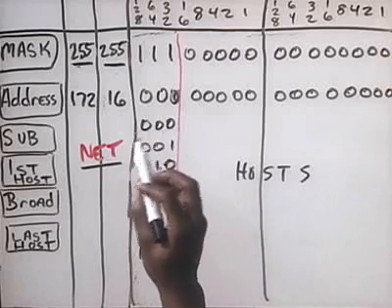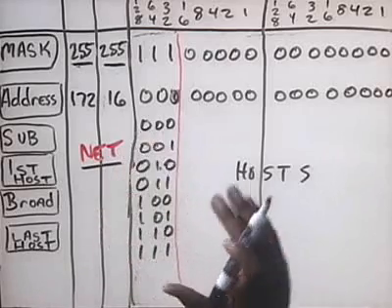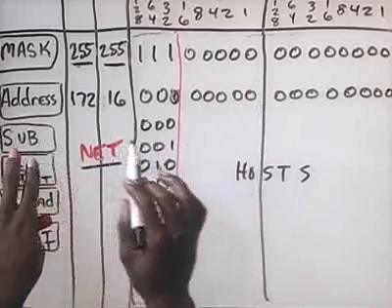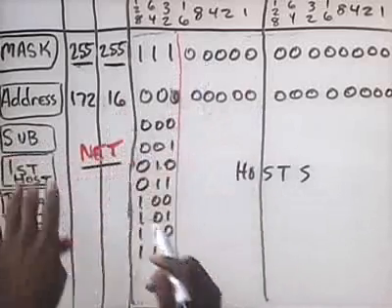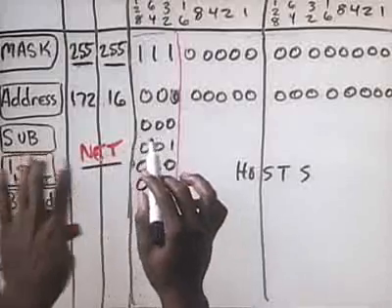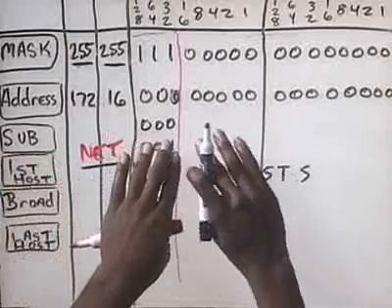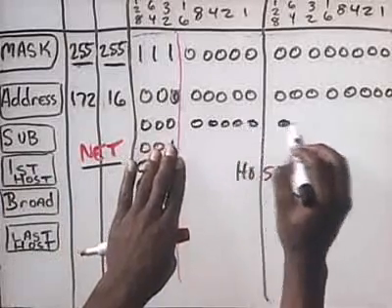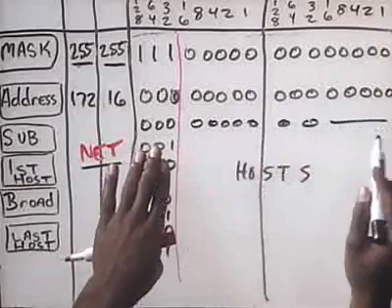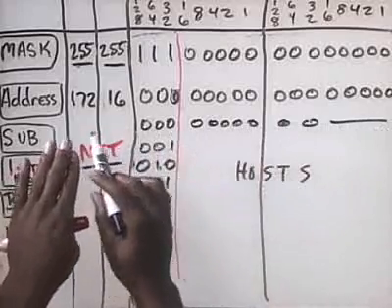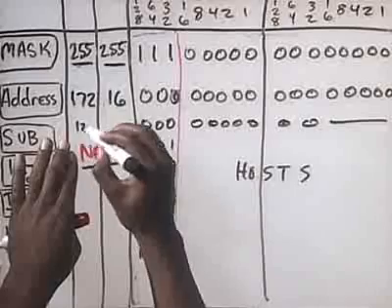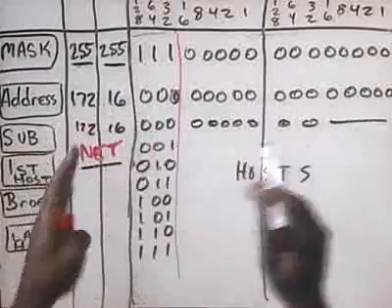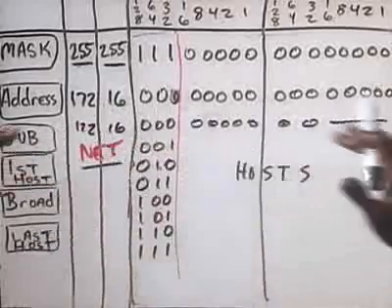This first value right here, if we go back to our list of tasks, those rules that I gave you, the value for subnet, since we're trying to come up with subnet numbers, if you use the subnet number rule, it would say to set all the host bits to 0. If we set all these host bits to 0 here, this number, 172.16.0.0, problem is with that one, that's the same as the network address.